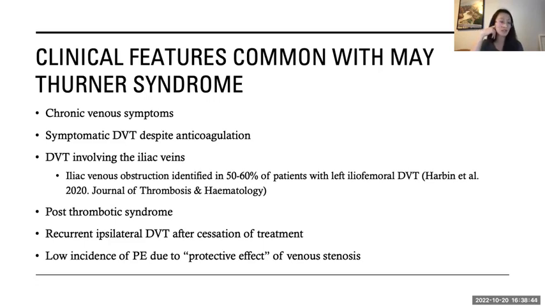Post-thrombotic syndrome, with a much higher prevalence of PTS in the MTS population compared to those who do not have iliac compression. Recurrent ipsilateral DVT after cessation of treatment in those who have otherwise negative workups or no other reasons for recurrent DVT. And then low incidence of PE has been reported as well, due to the apparent protective effect of venous stenosis.